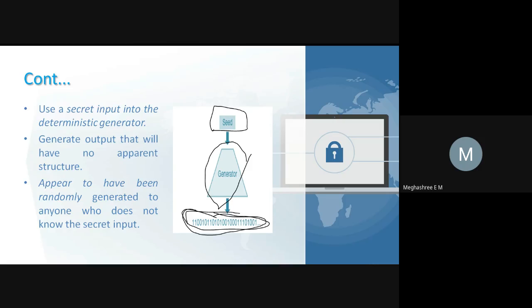But here, since the input is kept secret and he is not aware of it, whatever output he gets seems to be truly random numbers. Because of this, we are using deterministic random number generators in crypto systems.